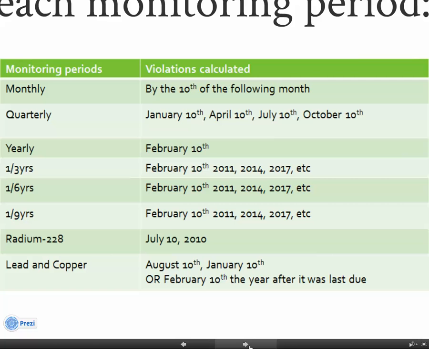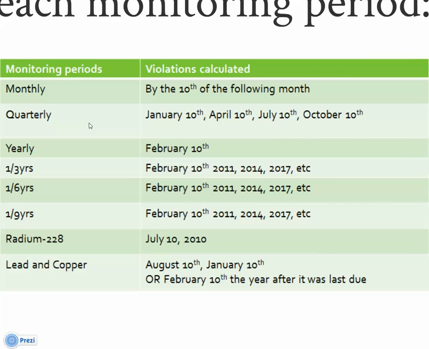So you notice these dates are not far after the end of the year. So what I recommend is that if you do have a yearly sample or a quarterly sample or a monthly sample, don't wait until the very end of this period. If you can avoid it, don't wait until the very end to get these samples taken, because then you just shorten the window of time that you and the laboratory have to get us a copy of the data.